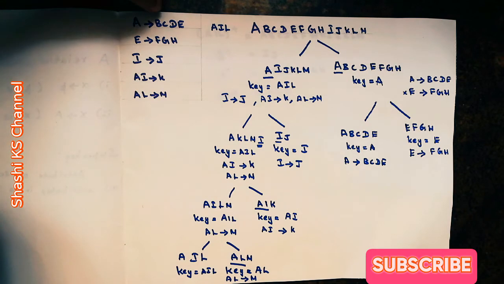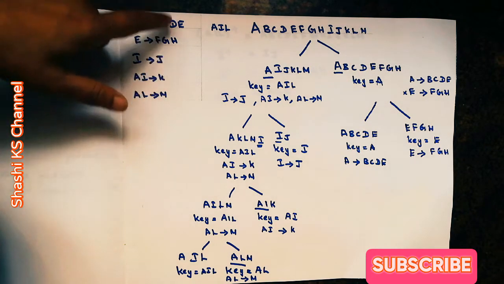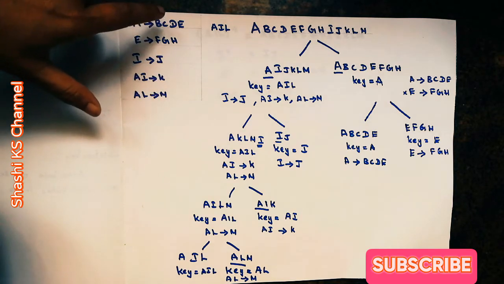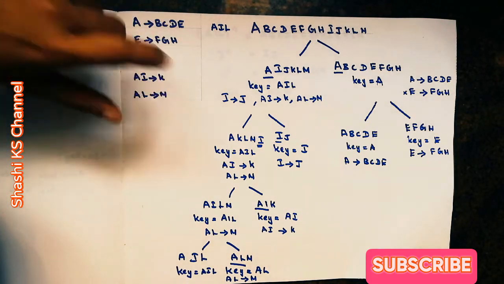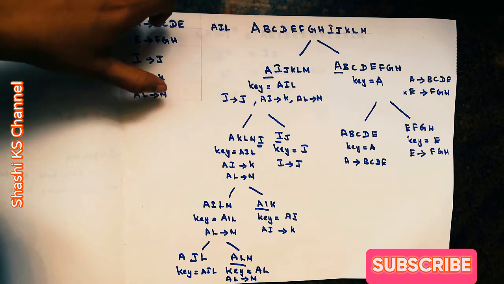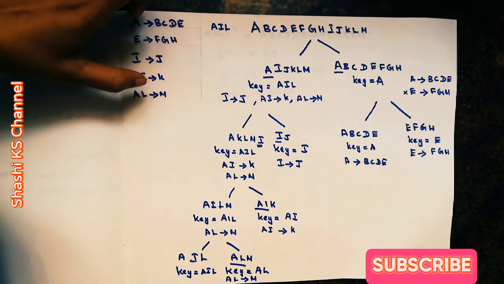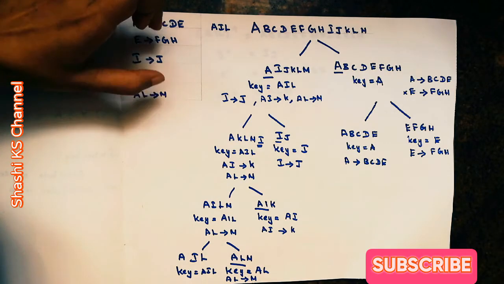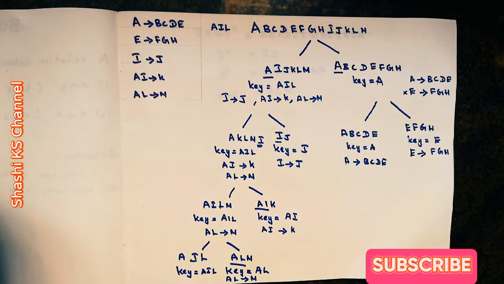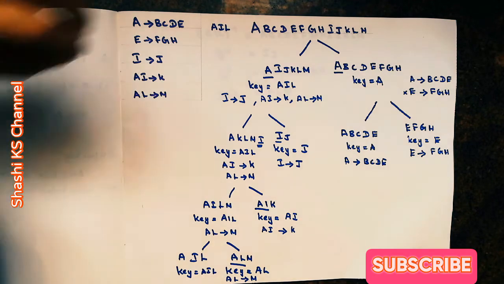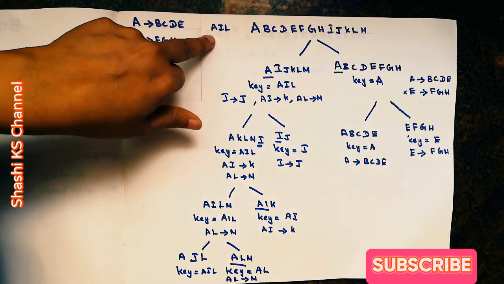For that you check out the RHS. In the RHS there is no way I can determine A or I or L. So A, I and L should definitely be there in my super key. So with AIL, I'll be able to determine all other attributes in the relation. So first, the super key for this relation is AIL.